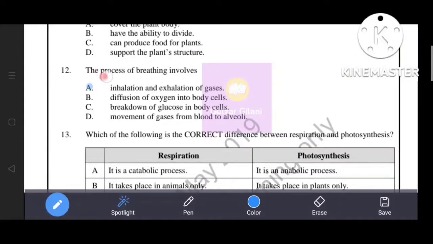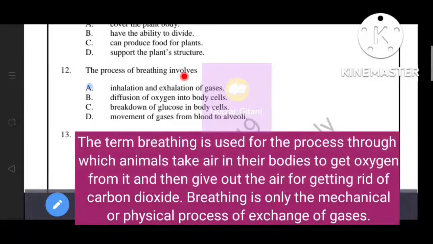The process of breathing involves, as you know, the term breathing is used for the process through which animals take air in their bodies to get oxygen from it and then give out the air for getting rid of carbon dioxide. Breathing is only the mechanical or physical process of exchange of gases.